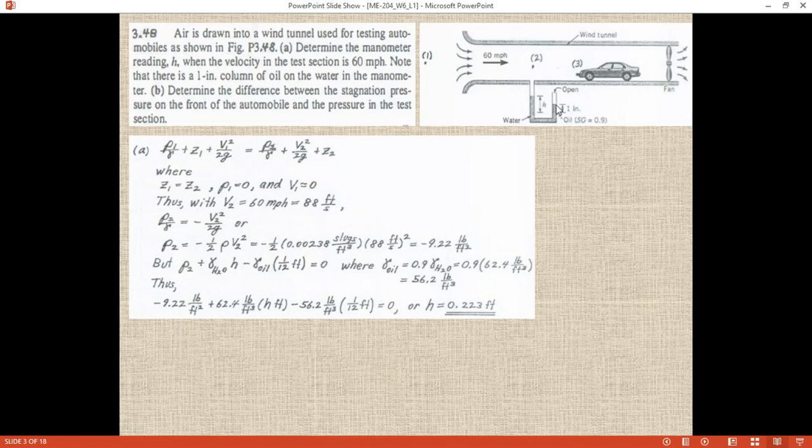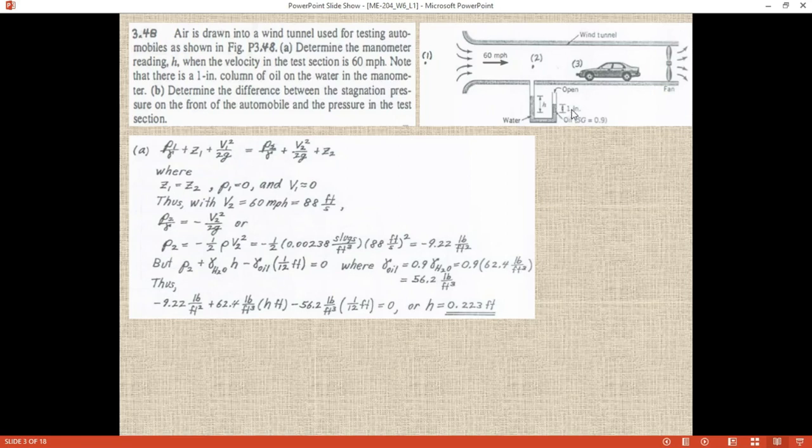Then again you are going up, so it is negative, but this is not water, this is oil. So gamma of oil into the height. Gamma of oil is not known, but the specific gravity is known. So gamma of oil will be equal to the specific gravity of oil into gamma of water. That will give you the specific weight of the oil multiplied by the height of the column.